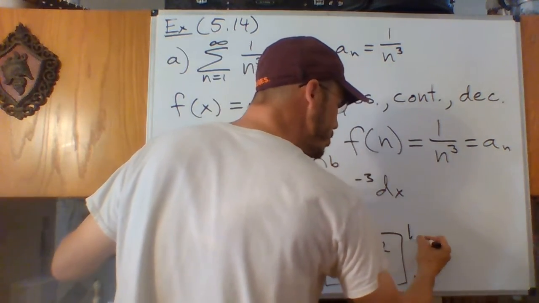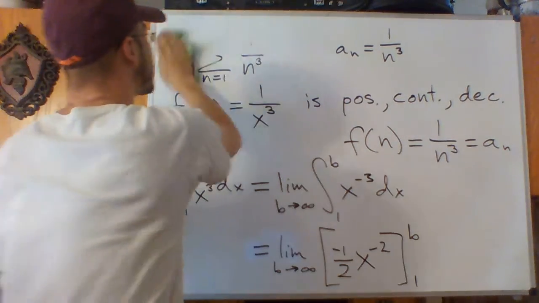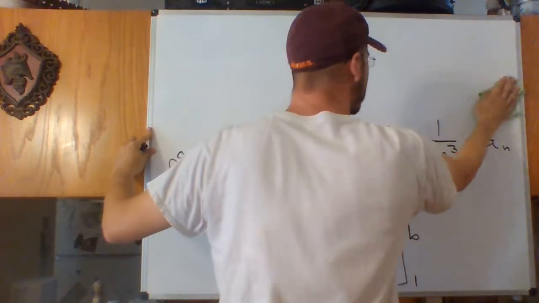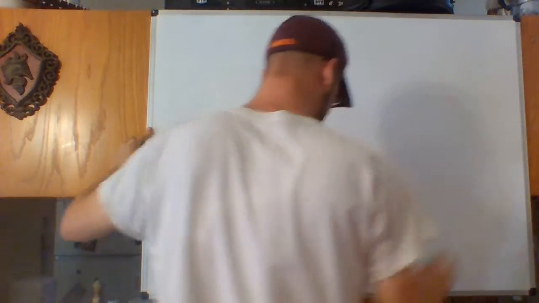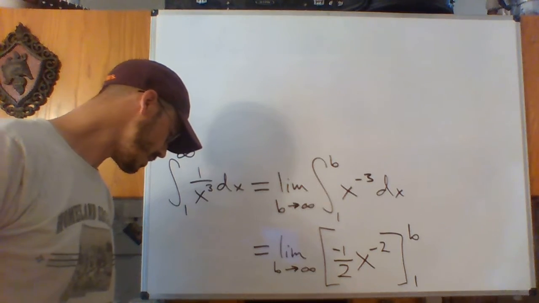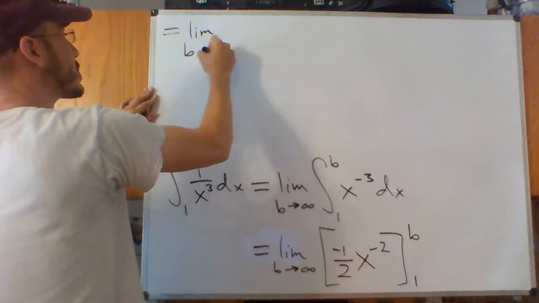This is between 1 and b. And then this is the limit as b goes to infinity.